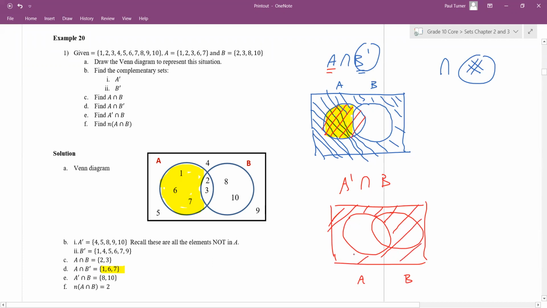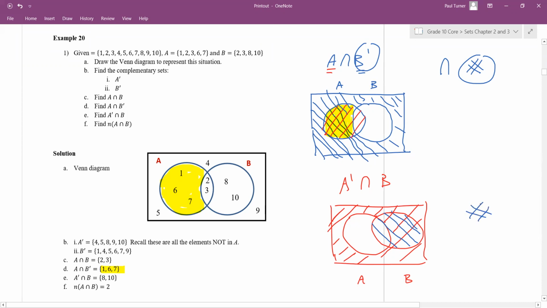So not A touching B. Now B, use a different color if you like. If you have a tablet, quite useful. So color in B like that. Because it's intersection, we want to know where they're crossing over.